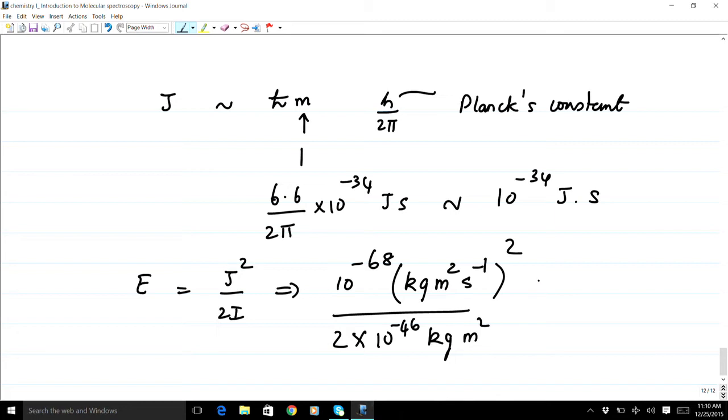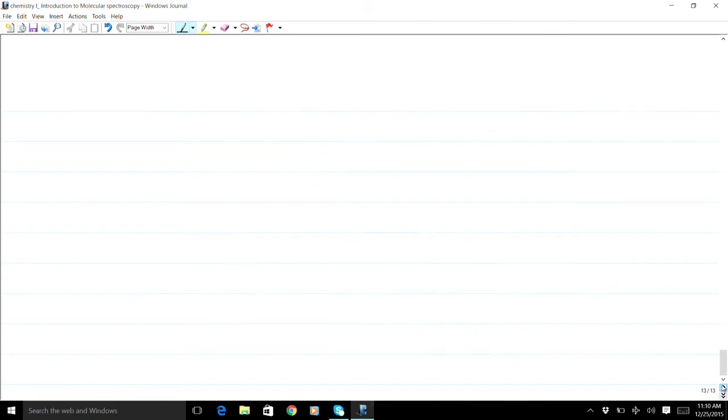So, it gives you about 10 to the minus 22 kilogram meter square per second square, which is the joule. Therefore, the rotational energy is of the order, for a molecule, 10 to the minus 22 joules.